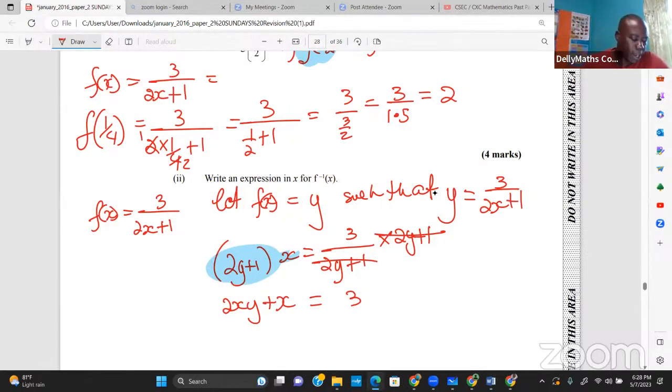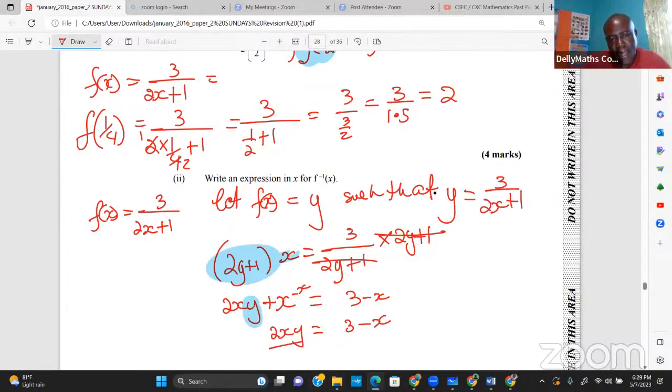From here now, we could start moving, right? The intention is to find y. This is what we want to find. So if that is the intention, then take your time. We're going to subtract x from both sides, yeah? Rewrite what we have. So we have 2xy, which is equal to 3 minus x.